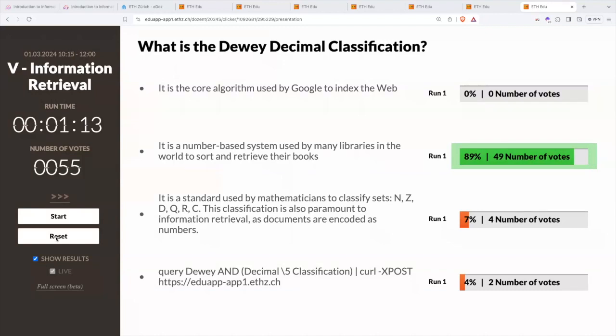In fact, now that I know that most of you take the machine learning lecture, who heard about clustering? So the Dewey Decimal Classification is basically a clustering system that was invented before machine learning. You try to group the books that belong together and that have topics that are similar.